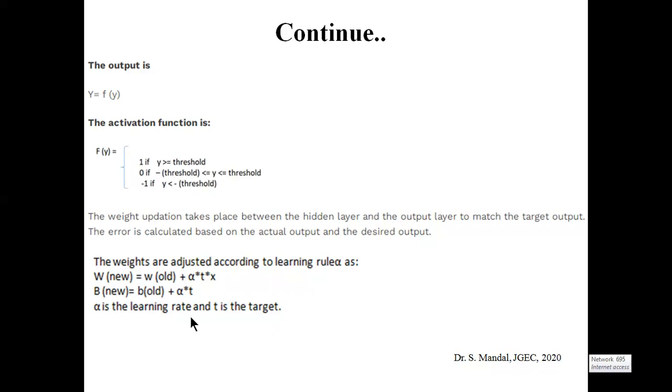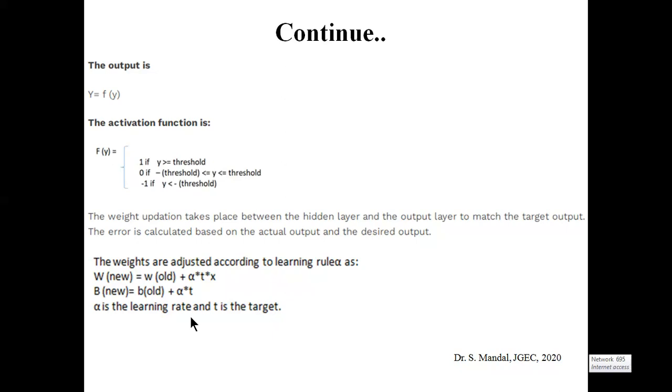So what is the function of alpha? Basically, the learning rate means how fast a model can learn. If the value of alpha is very large, then the value of the weight can change abruptly. And if the value of alpha is very small, that means the weight updation will take place very slowly.